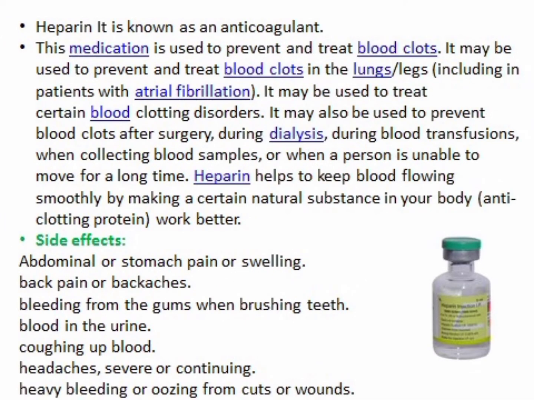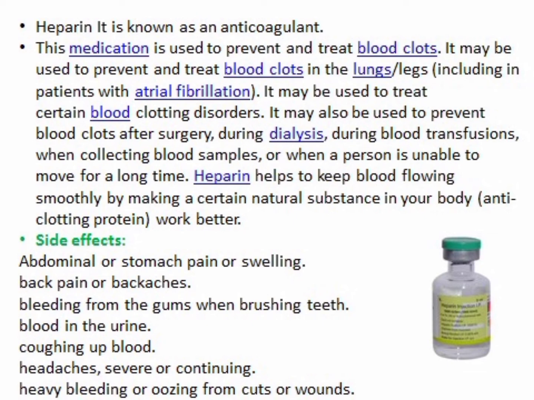Next is heparin. Heparin is also known as an anticoagulant. This medicine is used to prevent and treat blood clots. It may be used to prevent and treat blood clots in the lungs and legs, including in patients with atrial fibrillation. It may be used to treat certain blood clotting disorders.